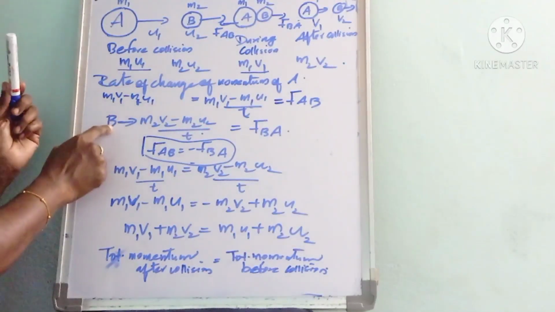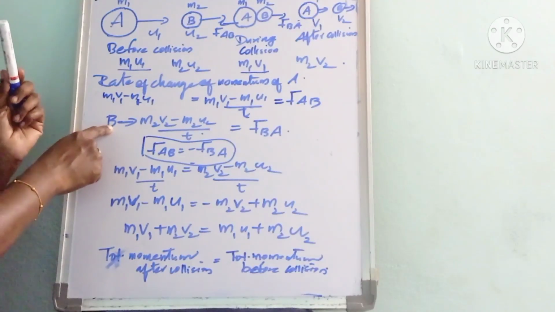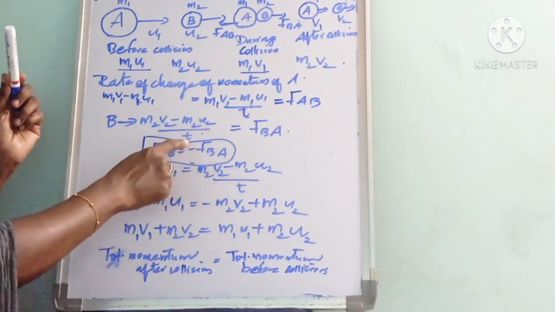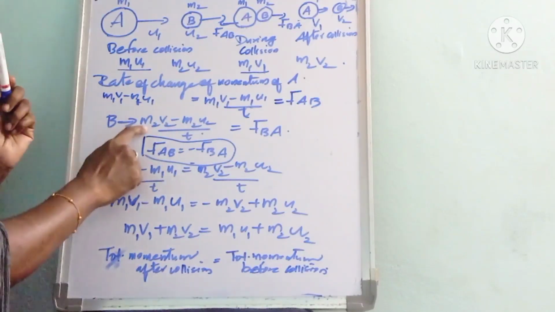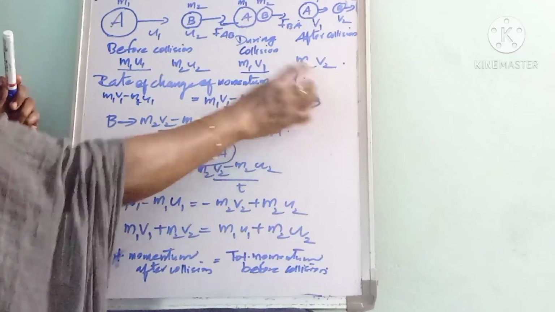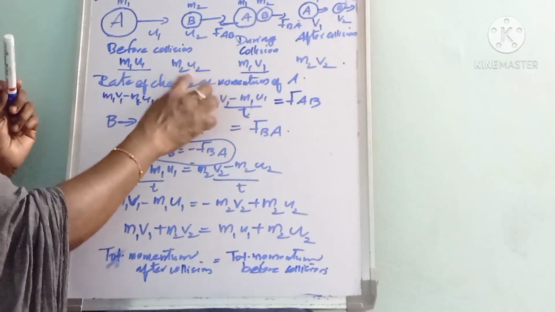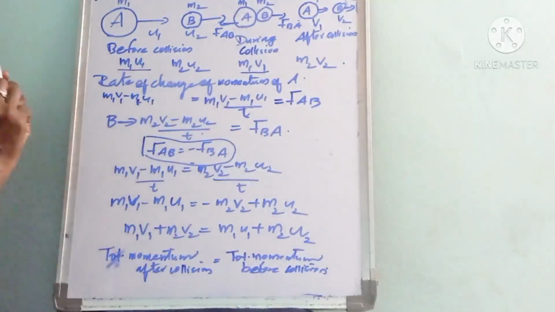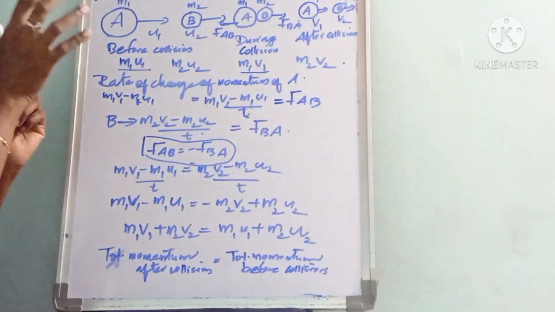Similarly, the rate of change of momentum of object B can be written as (m2v2 minus m2u2) divided by t. When we consider object B, its final momentum is m2v2 and initial momentum is m2u2. So what is the change in momentum? m2v2 minus m2u2. Then what is the rate of change of momentum?